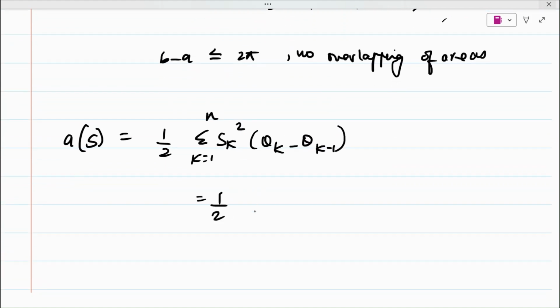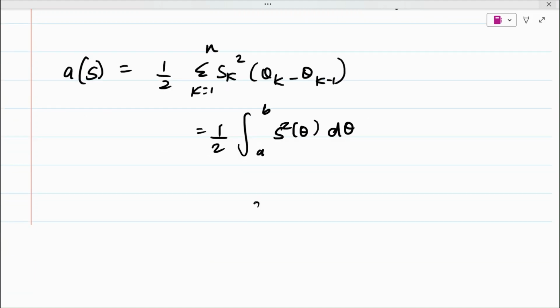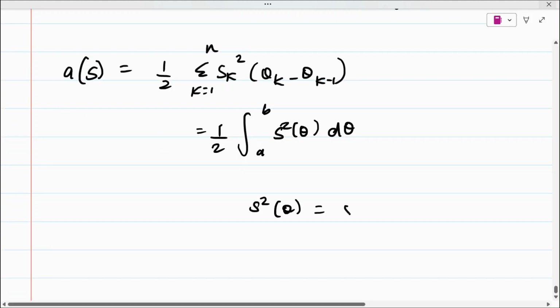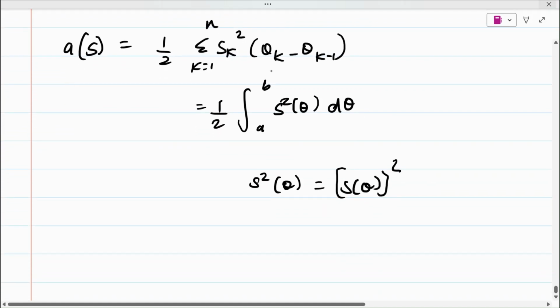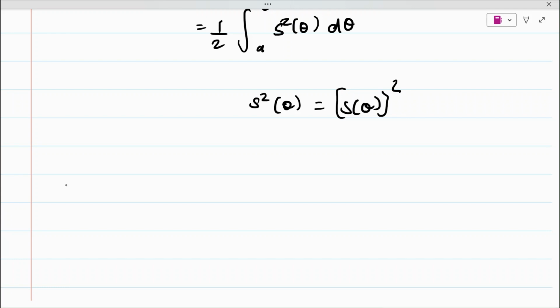And we know this is the integral of s squared of theta d theta, where s squared of theta equals s of theta squared. This gives the integration of the radial sets.